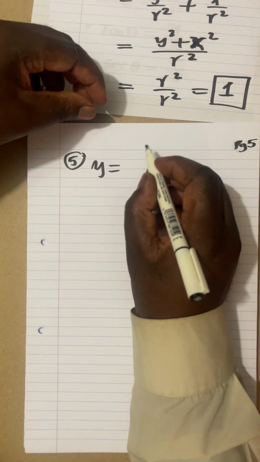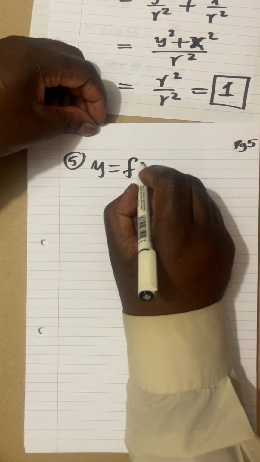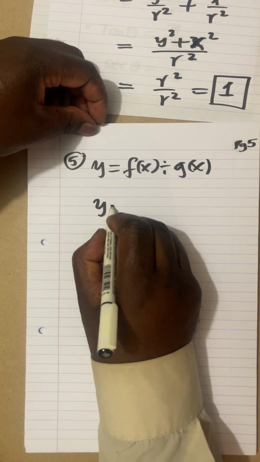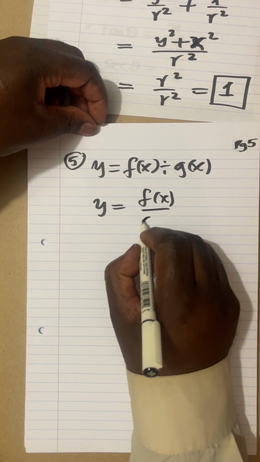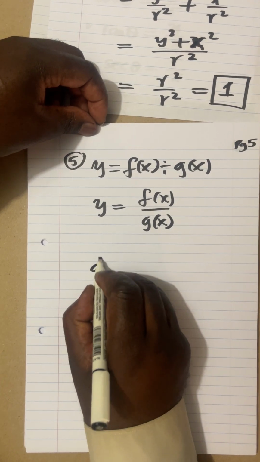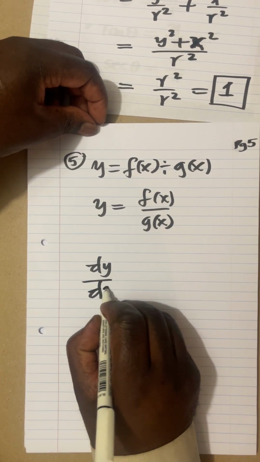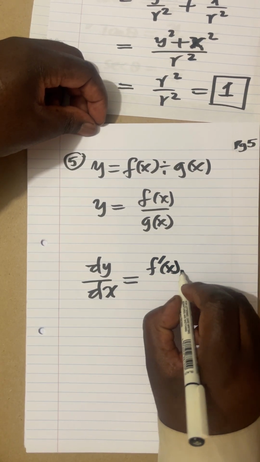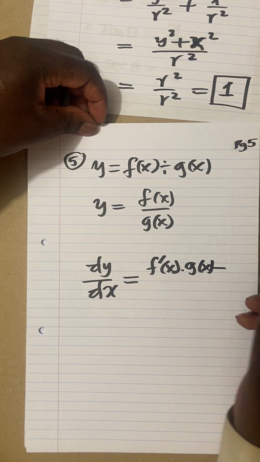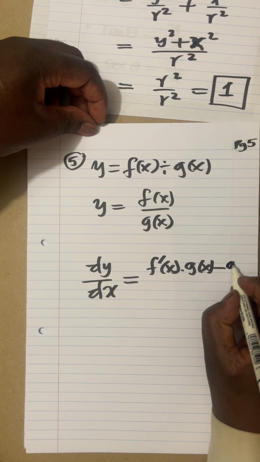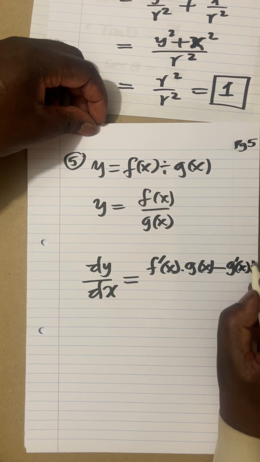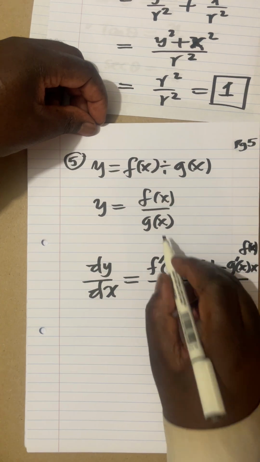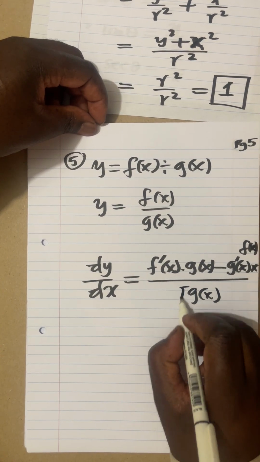In the previous videos, I have explained to you that if y is equal to f of x divided by g of x, which we can write as y is equal to f of x all over g of x, and I want to find dy dx by quotient rule, dy dx is exactly equal to: you differentiate the numerator, f prime of x, multiplied by the denominator, g of x, then minus, differentiate the denominator, which is g prime of x, and then multiply by f of x, and then we're dividing the whole of this by the square of the denominator, so g of x all squared.